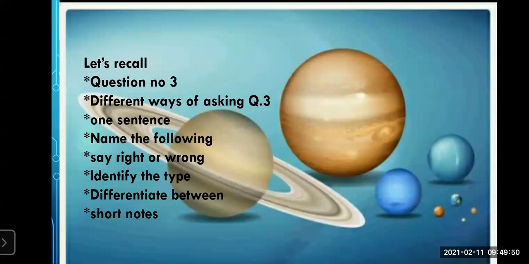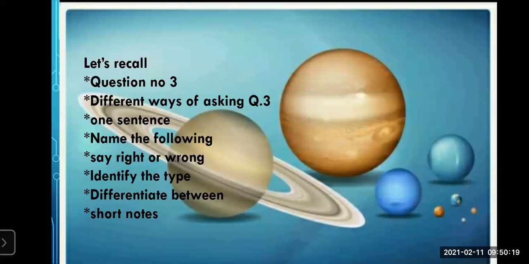Then yesterday we have also seen some questions can be asked for differentiate between. Here you are going to attempt 2 out of 3. So 3 questions will be asked for differentiate between, and you're going to attempt 2 out of 3. And the marking scheme will be the same, that is 4 marks. If you answer both the questions correctly, you will get 4 marks.